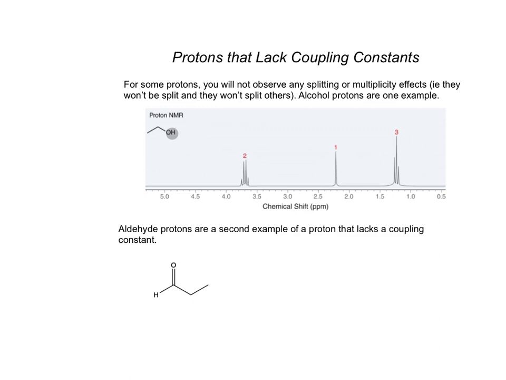So this molecule over here is ethanol. If we drew out ethanol, we have an O, an H, and then we've got 2 H's here, and then we've got 3 H's here.